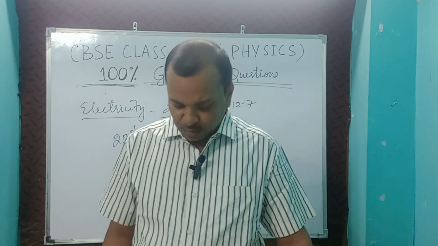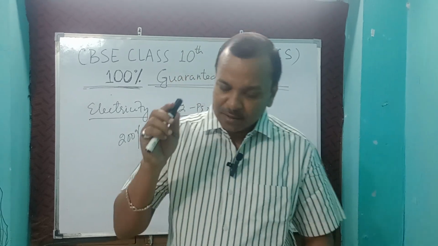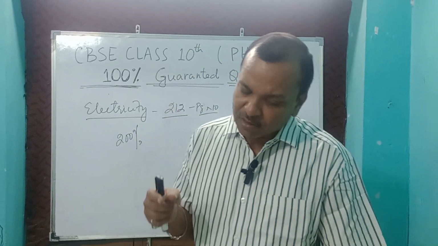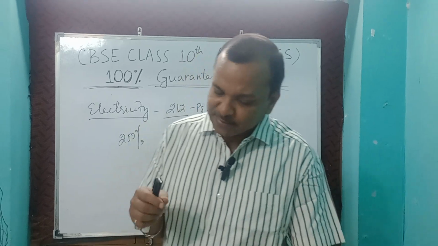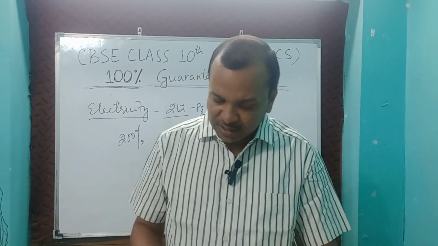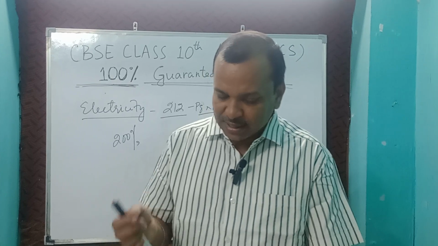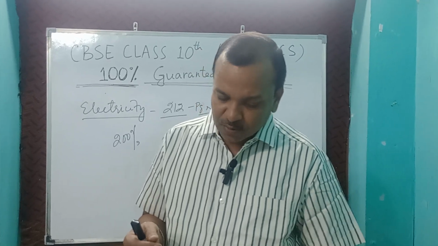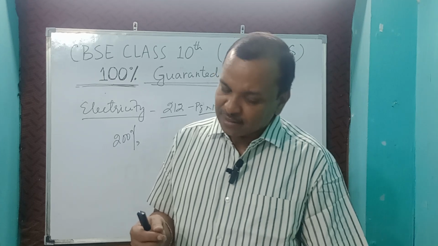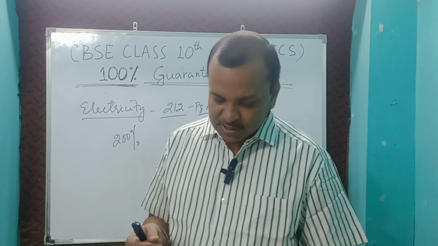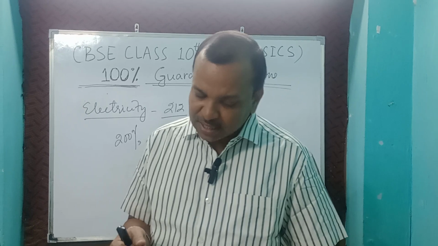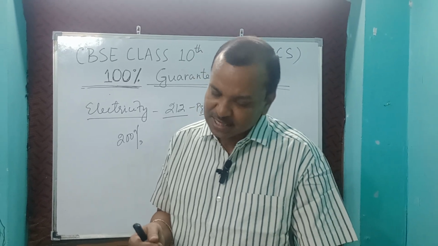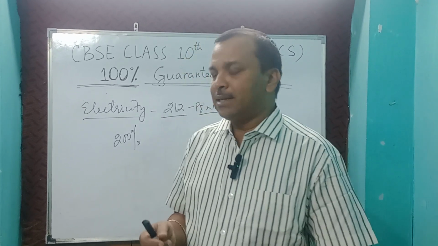An electric lamp of 100 ohm, a toaster of resistance 50 ohm, and a water filter of resistance 500 ohm are connected in parallel to a 220 volt source. What is the resistance of an electric iron connected to the same source that takes as much current as all three appliances, and what is the current through it?